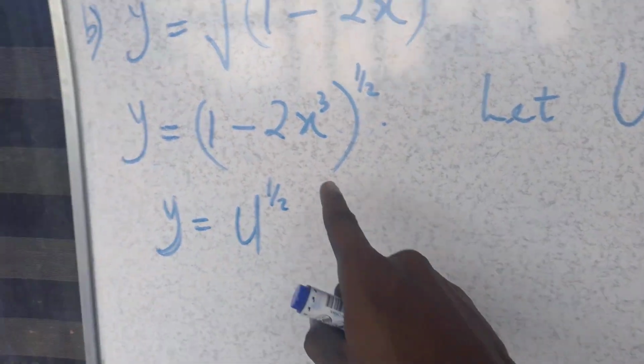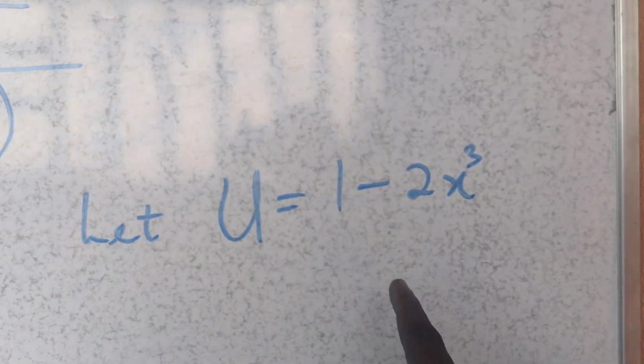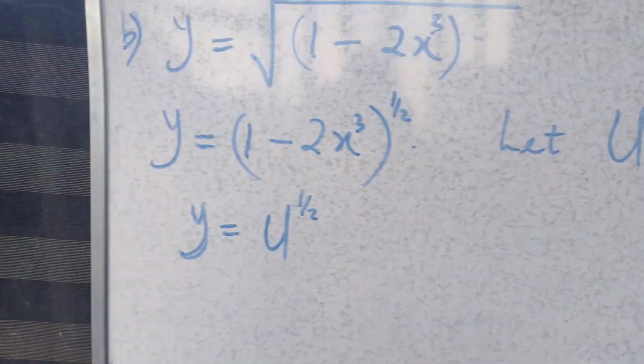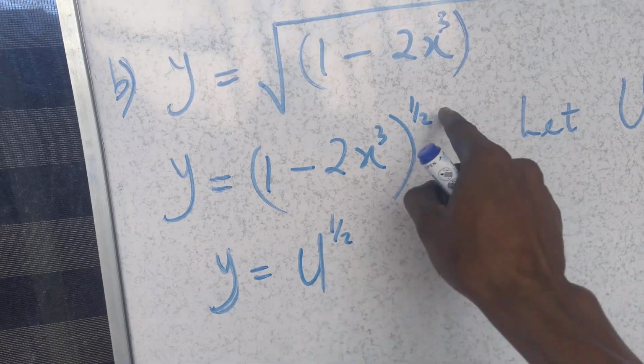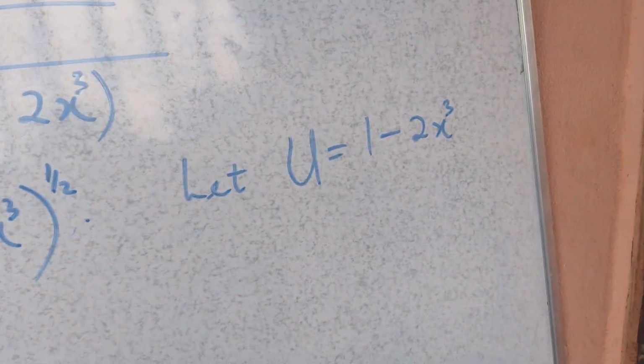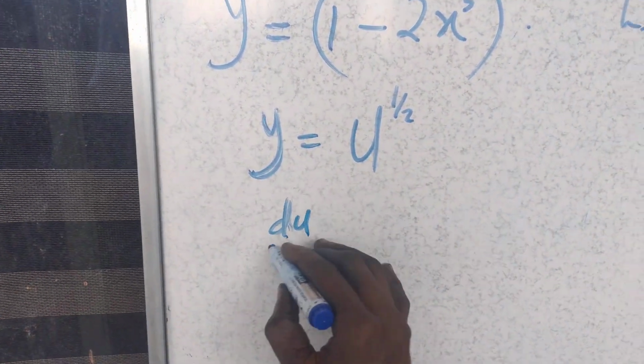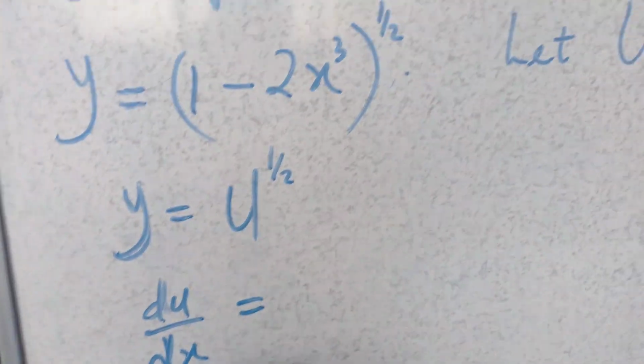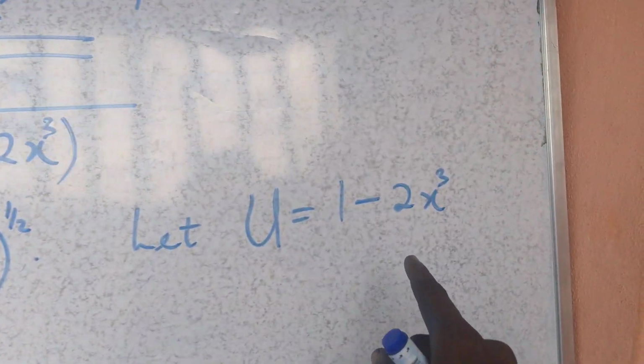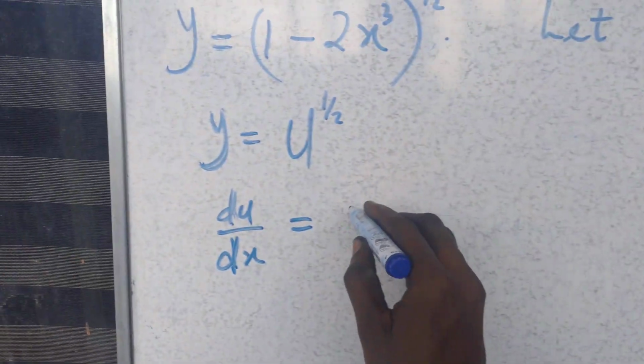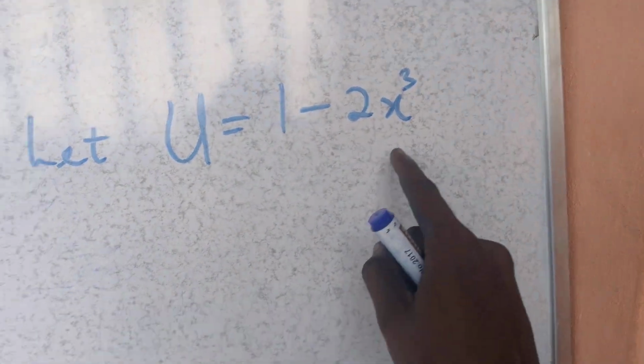Okay, so we took u as the whole of this function. They say let u be equal to 1 minus 2x raised to the power 3. So the whole of this is u. That means u will be raised to the power of half. Now let's find du/dx. The derivative of u with respect to x will be du/dx. Now let's differentiate this. Differentiating a constant is 0, minus differentiate 2x raised to the power 3.